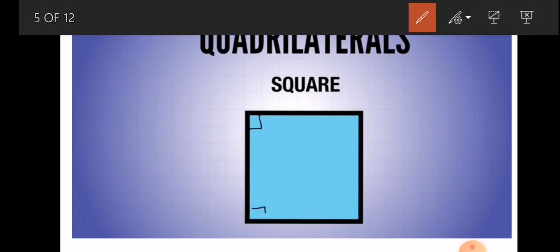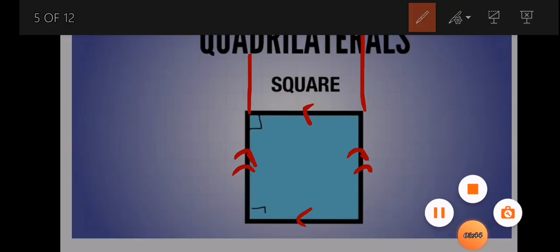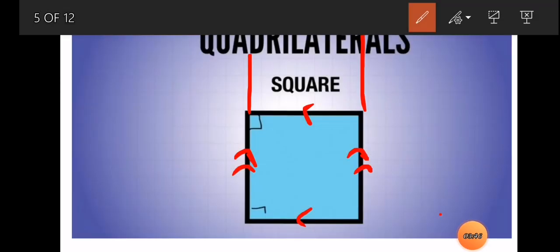The square also is a parallelogram. Once you hear it's a parallelogram, directly in your mind you know that we have pairs of parallel sides. So this one is parallel to this one and this one parallel to this one. It means if you extend like this, they will not meet. The second property, which is common between the square and the rectangle, is that we have four right angles.